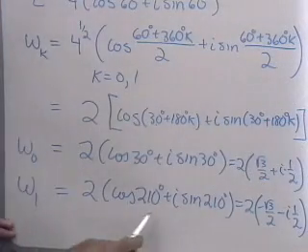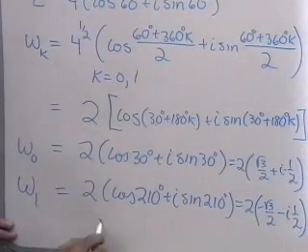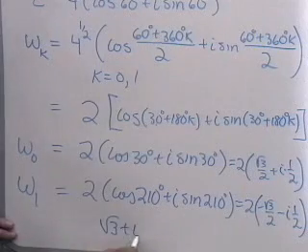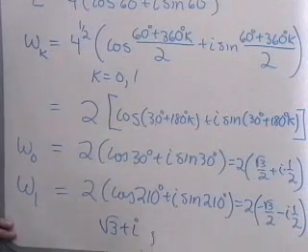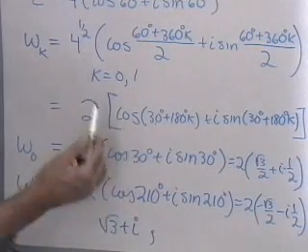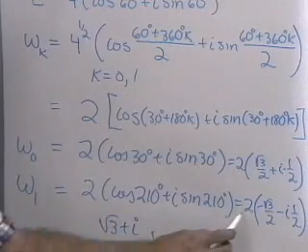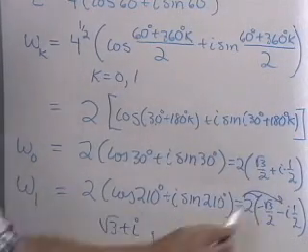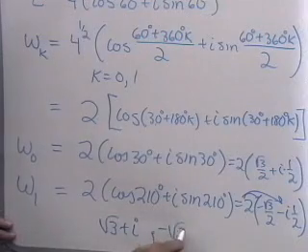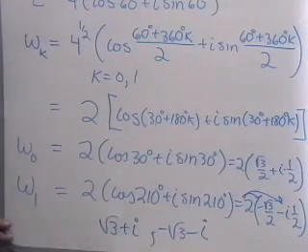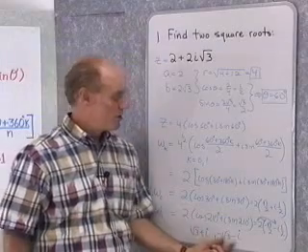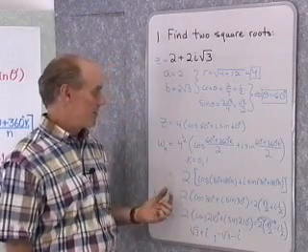So my two complex numbers, I'll multiply this out and I get square root 3 plus i, that's one complex number, that's a square root of my original complex number, and the other will be what I get when I multiply these out, which will be negative square root 3 minus i.